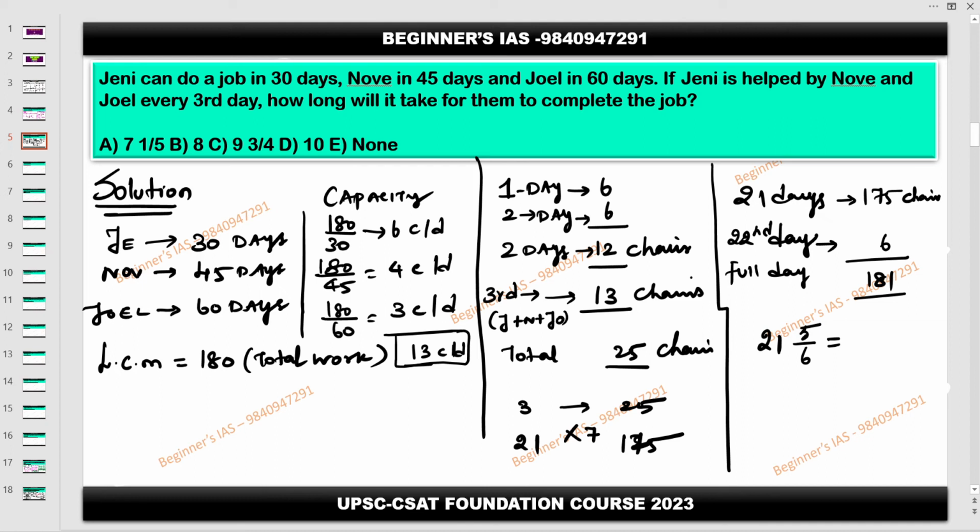So take this as a mixed fraction. 131 by 6.